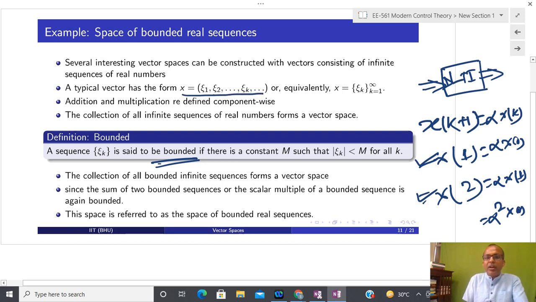If I have a space where each entry is a sequence and I add two sequences, one can do component-wise addition, where I just add real numbers. Multiplication means component-wise multiplication. So a space of bounded real sequences again forms a vector space.